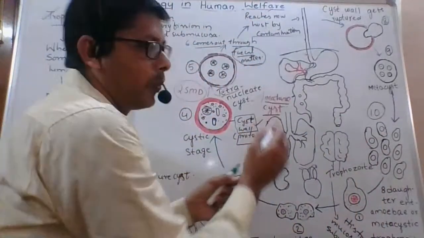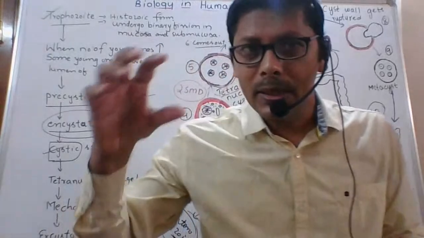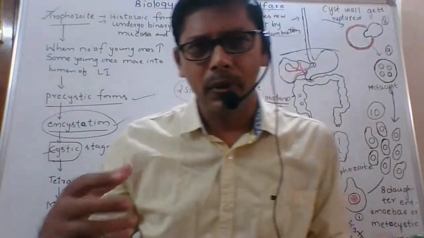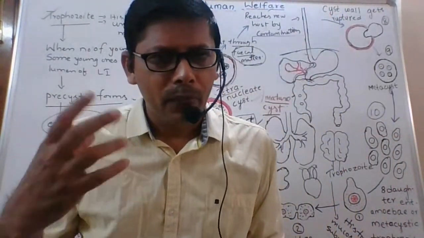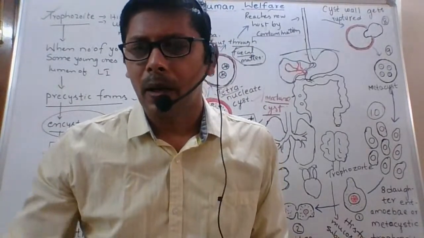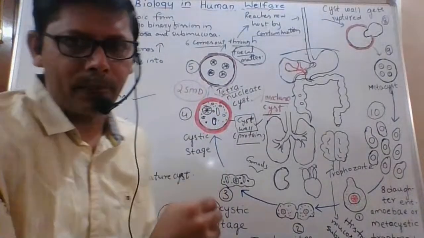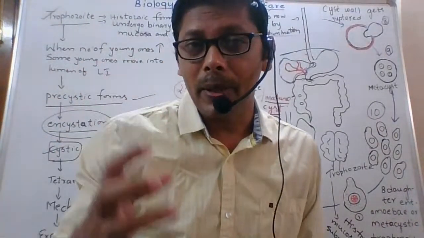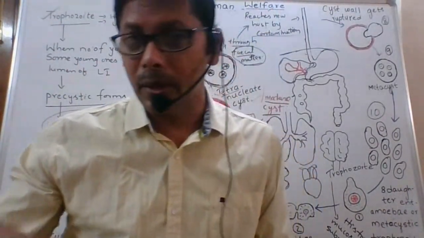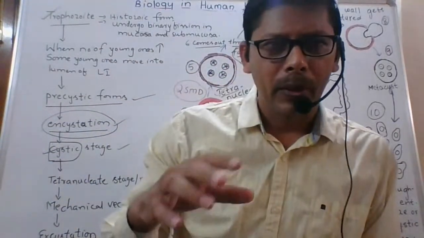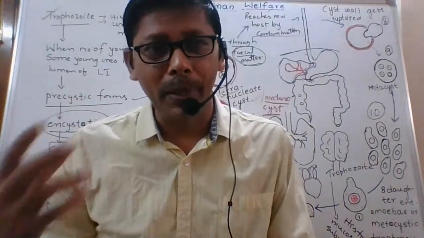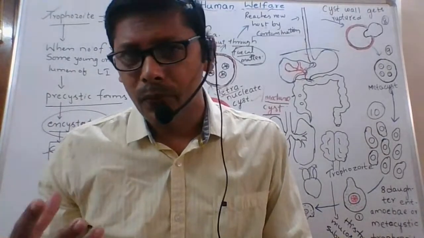Now when that housefly sits on food, the food or water is contaminated because of the tetranucleated cyst. In India, some people go outside and take roadside bhaji, punugu, and some other food items.